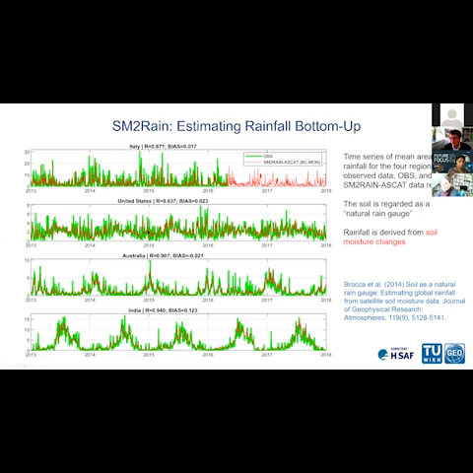You have a hydrological model of the land surface, and you try to estimate the precipitation from the change in soil moisture over time. So Luca Brocca, who invented that method, calls it the bottom-up approach, because in this approach, you essentially regard the soil to be a natural rain gauge.